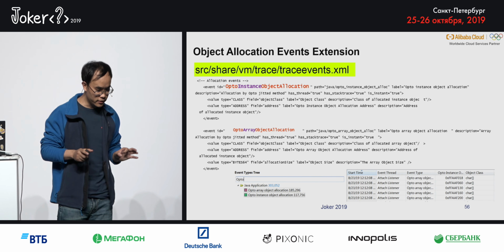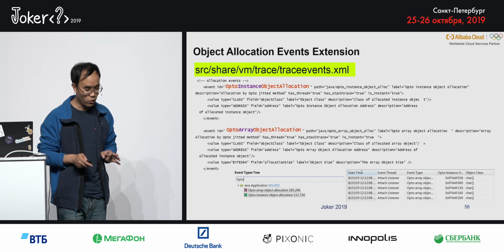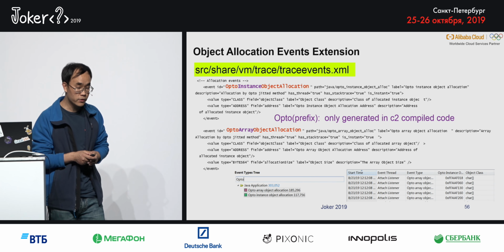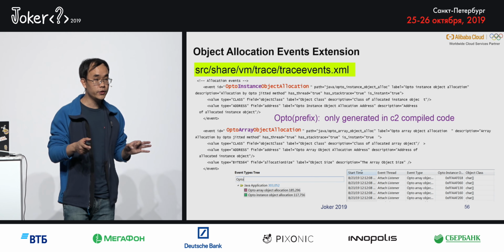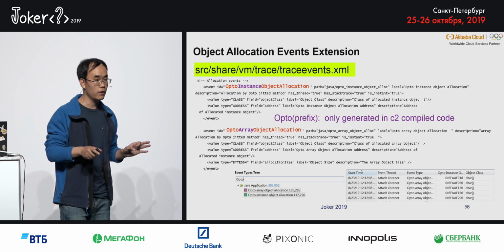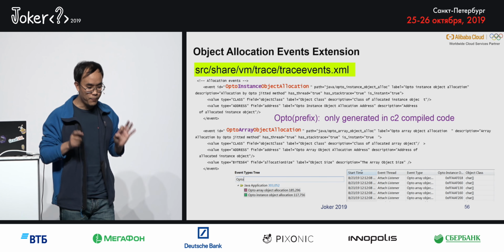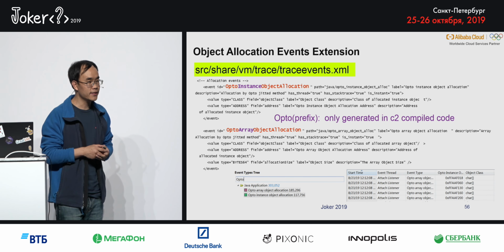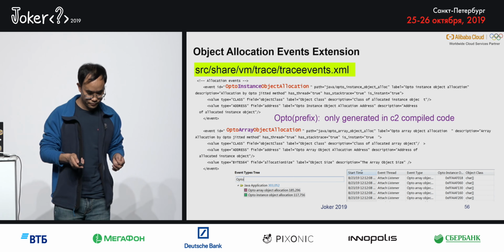The second event we call array object allocation, for arrays. So what's the prefix? It's a prefix, a terminology used in HotSpot in OpenJDK. It means we only generate samples in C2 compiled code. So far, our implementation does not support C1, and does not support the interpreter.